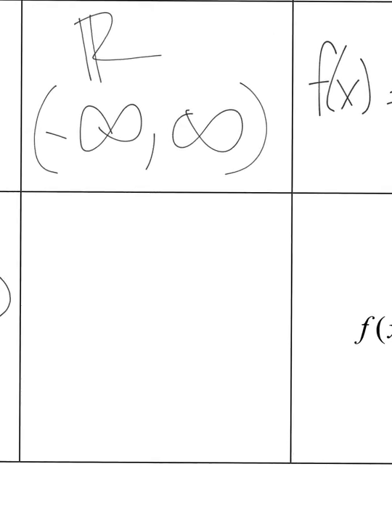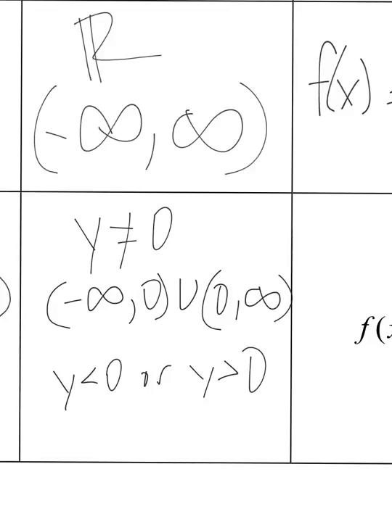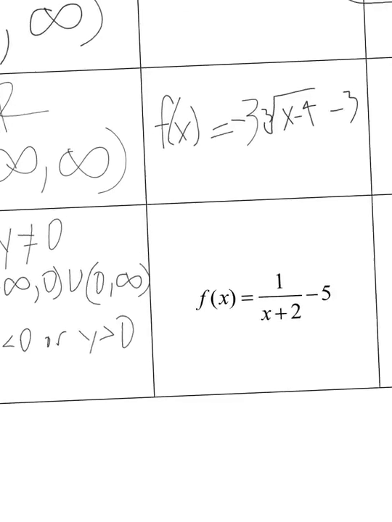The y one's exactly the same except with the letter y. Y can't equal 0. You might see that. Or you see in parentheses negative infinity to 0 union, meaning or, 0 to positive infinity. Or you see that y is less than 0 or y is greater than 0. And so that takes care of the domain and range.